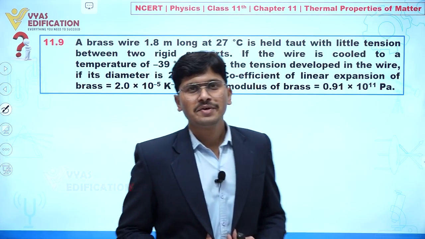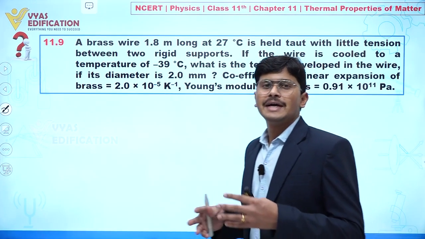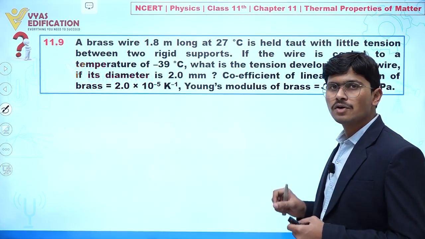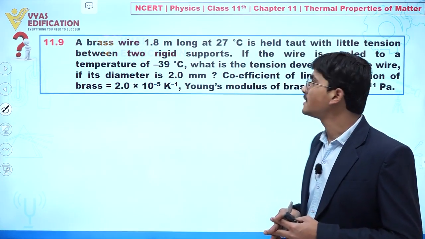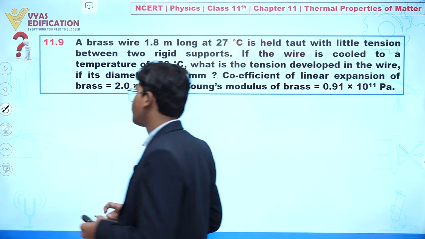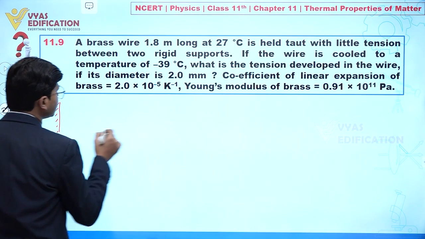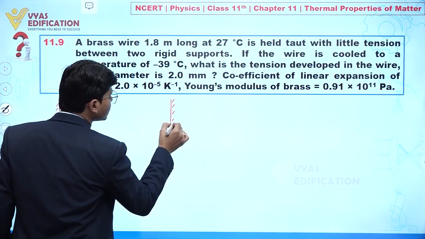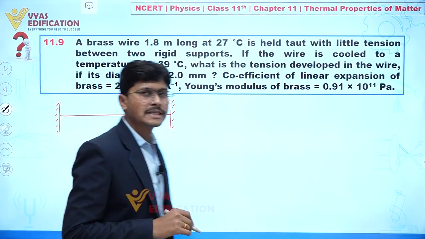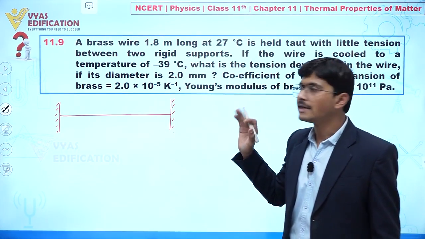Now student, we are going to discuss question number 11.9. In this question it is given that a brass wire 1.8 meter long at 27 degrees Celsius is held taut with little tension between two rigid supports. Suppose I draw one rigid support here and another one here, and a wire is connected between these two fixed ends.